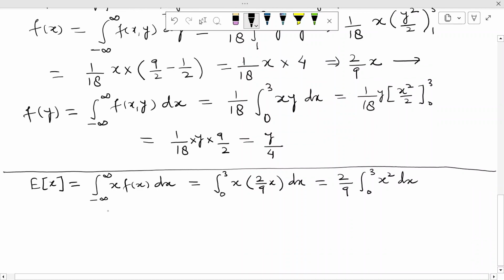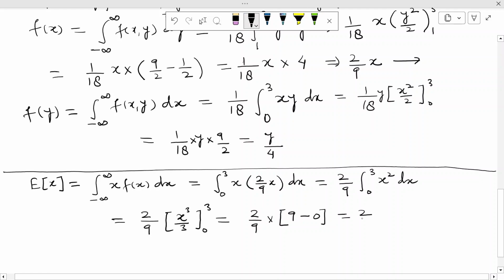Okay, so this is coming out as 2 by 9, and when you integrate, this will be x cube upon 3, and the limits are 0 to 3. When you are evaluating the limits, putting x equals 3, you will obtain 9, minus, when you are putting x equals 0, this will be 0.